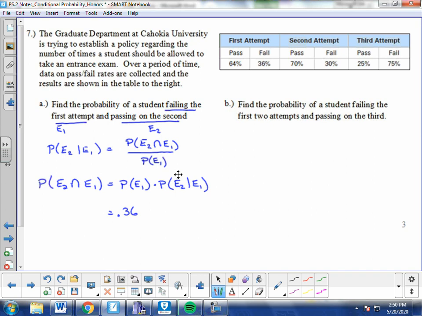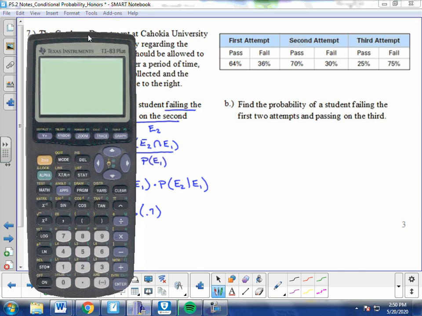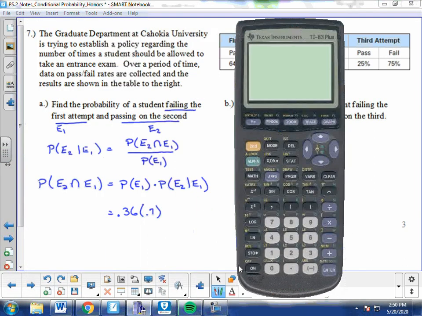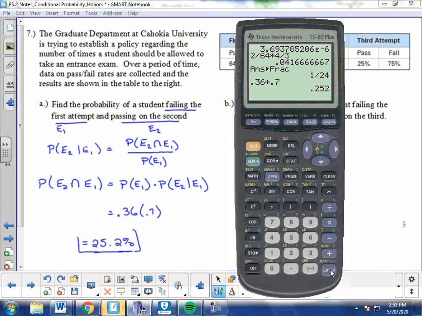Then we want the probability of event 2 given event 1, that they pass given that they failed the first one, shown here as 70% or 0.7. Because this formula takes the dependent events into account, we can rewrite the formula and figure out that there is a 25.2% chance that a student will fail the first exam and then pass the second exam.